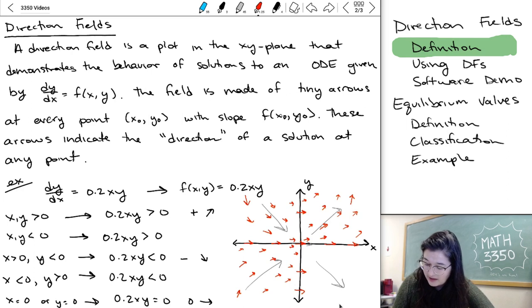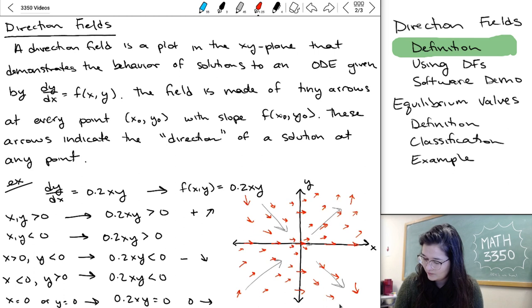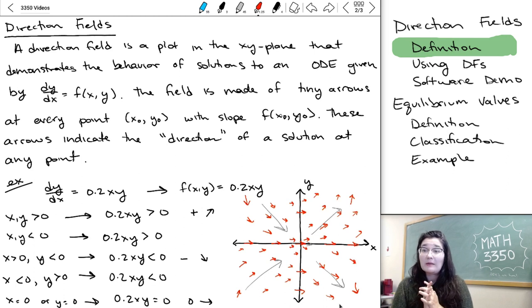I have something that is pretty shallow but pointing downwards close to the origin, something that is very steeply pointing downwards away from the origin, and then a smooth transition between them.